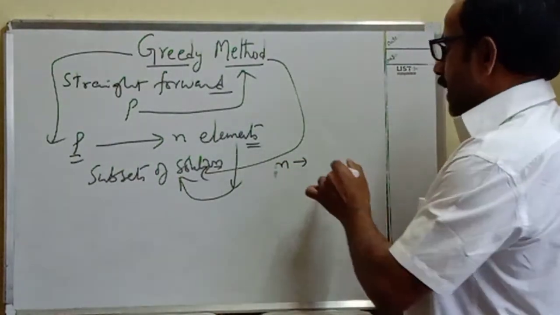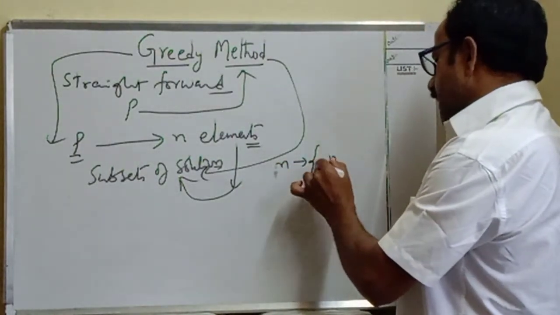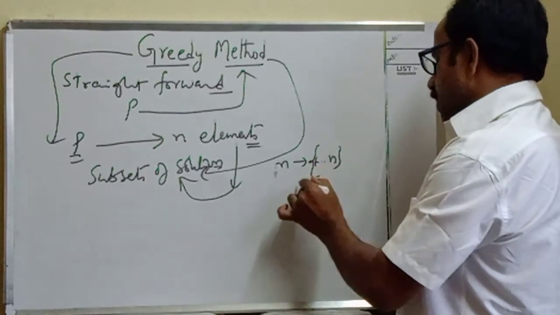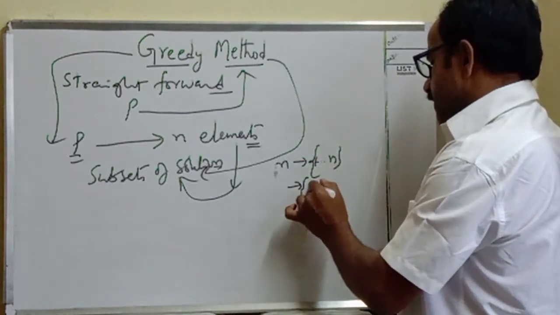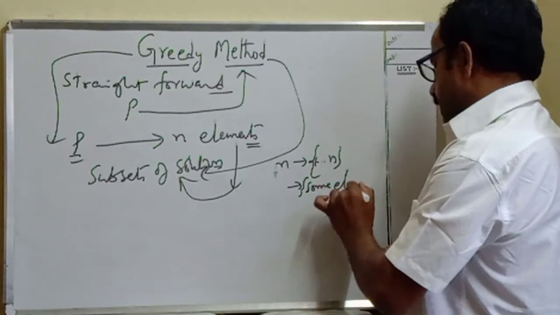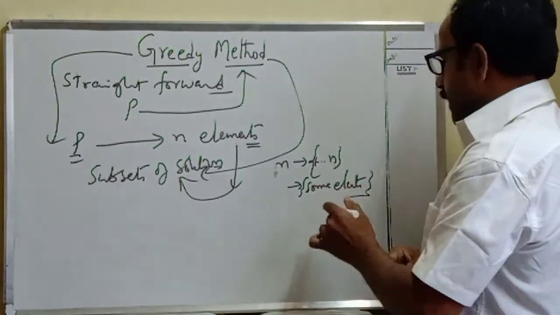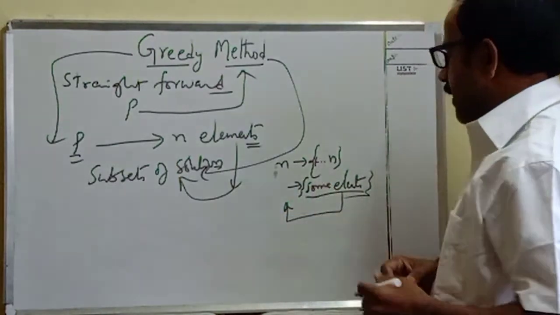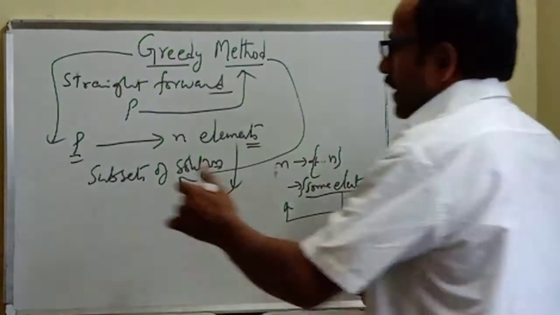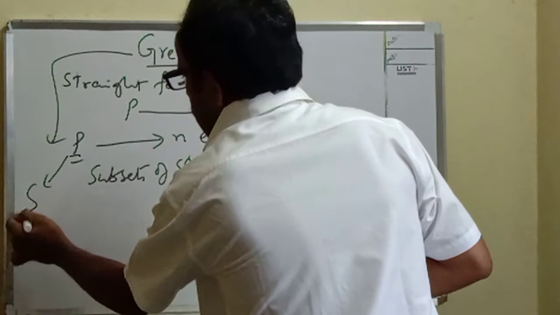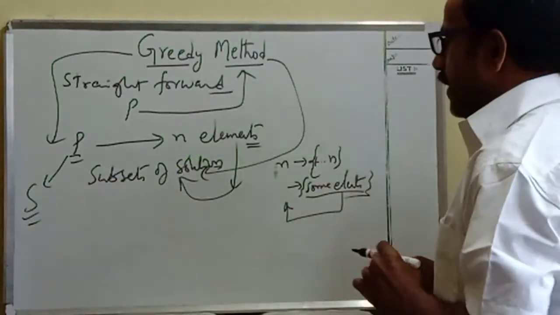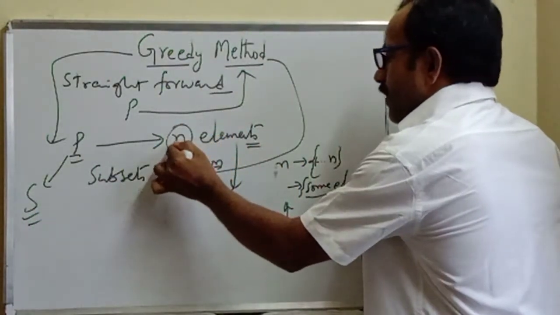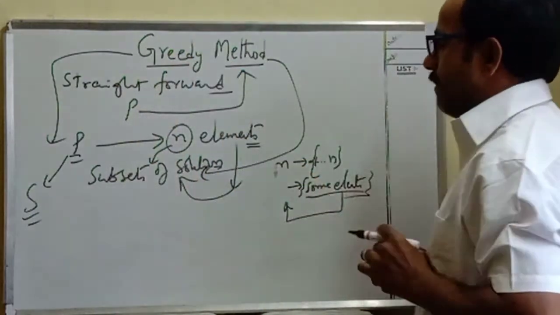What do we mean by subset? All n elements may be the subset, or only some elements. We select some elements and verify whether they belong to the solution or not, because from P we are going to construct the solution S. If P contains n elements, we construct a subset of elements using the greedy method.